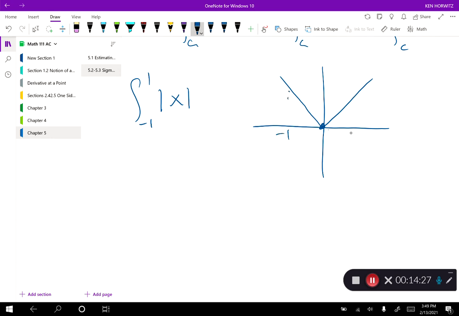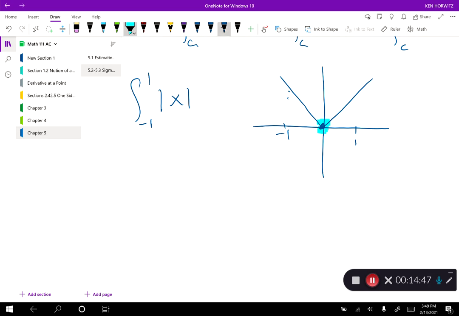Negative 1, 1, there we go. So what we notice here is we don't have a smooth curve. Now we can't just integrate from negative 1 to 1 because at 0, we have a problem.